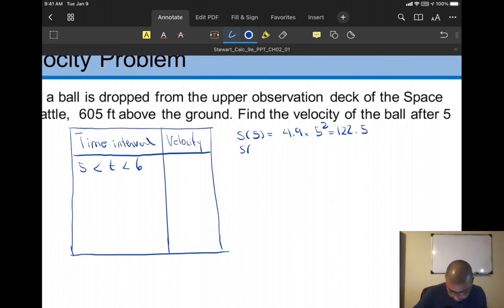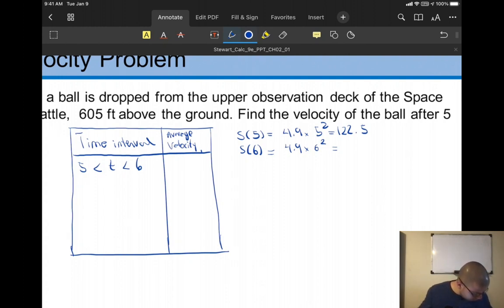Let's find s of 6 because I'm trying to find the average velocity. Right? Let me even rewrite this as average velocity, this way you know what I'm doing. So it's 4.9 times, sorry, times 6 squared, because that's s of 6.